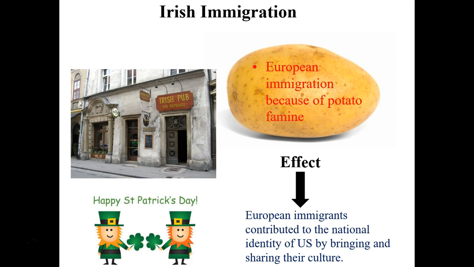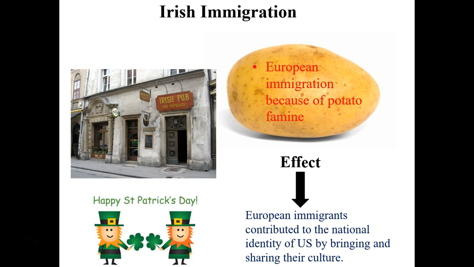And then the last group of immigrants that we're going to talk about is European immigrants, specifically the Irish immigrants. So there was a potato famine, and famine means you do not have food, and that was one of our vocabulary words. The people had to move somewhere to get food, and so that was to the United States.